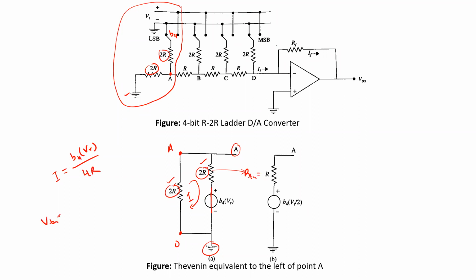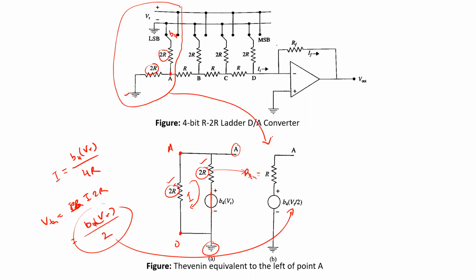Then for the Thevenin voltage, you multiply this I by 2R, which will eventually give you B4 times VR divided by 2. That is the Thevenin voltage written over here. So this portion of the network we can represent in terms of its Thevenin equivalent as shown over here.